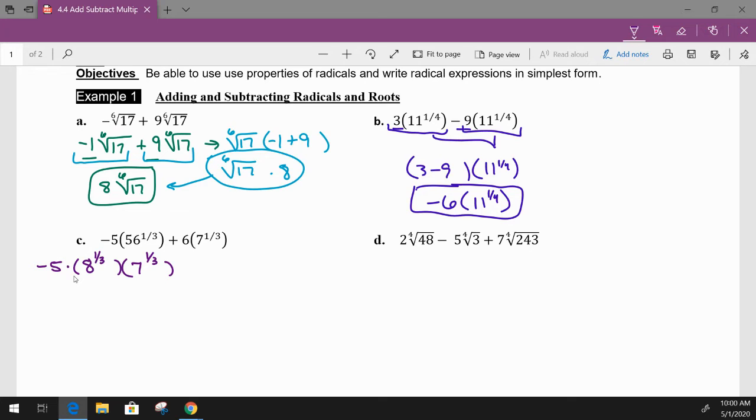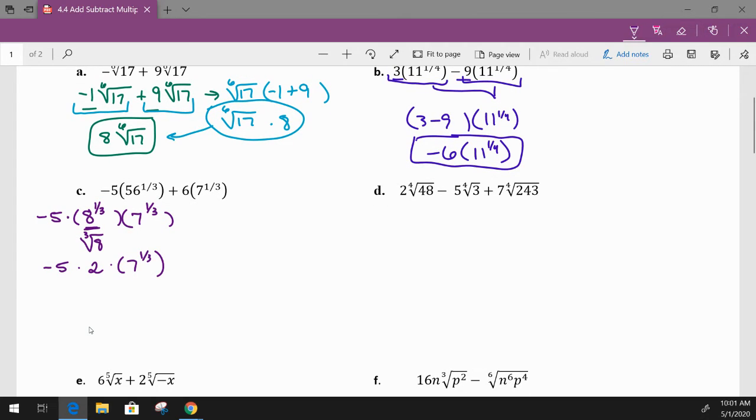However, now we can simplify this 8 to the 1/3 power because that's the same as a cubed root of 8, and the cubed root of 8 is 2. So then you have to multiply that 2 times the -5 that was out front, and also by this 7 to the 1/3 power. So the -5 and 2 are your whole numbers. They can be multiplied together to get -10, and then your 7 to the 1/3 power cannot be multiplied with that -10.